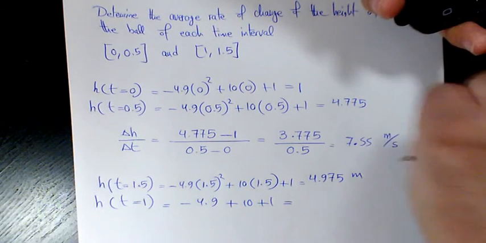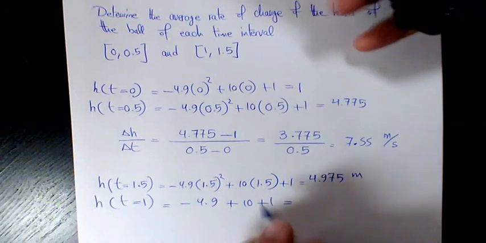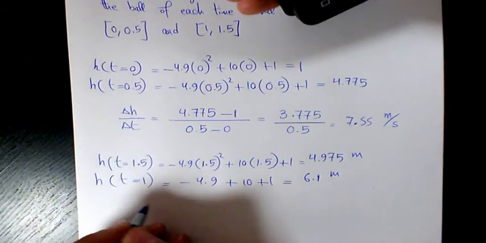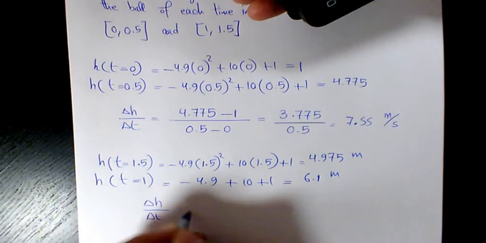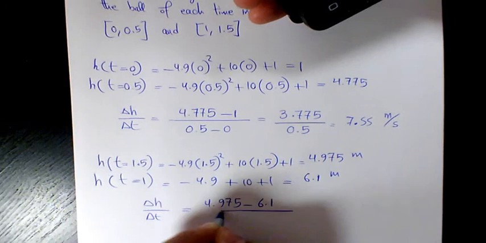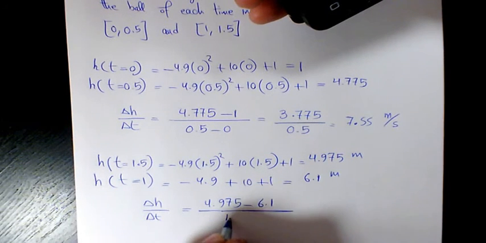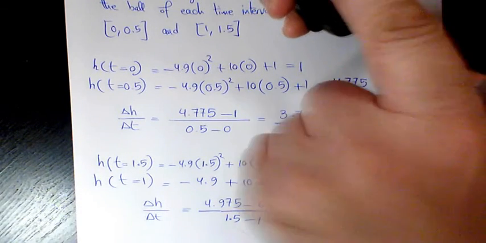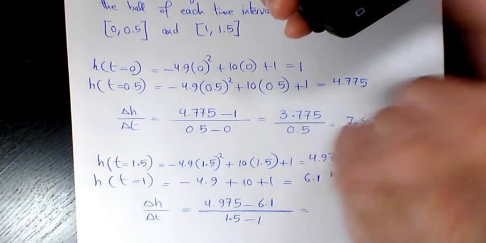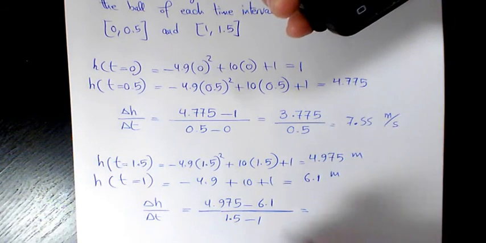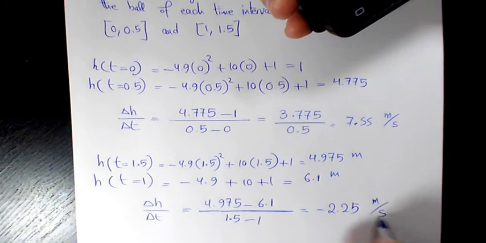That's going to be 6.1 meters. Delta h over delta t will be 4.975 minus 6.1 over 1.5 minus 1. It's going to be negative 2.25 meters per second.